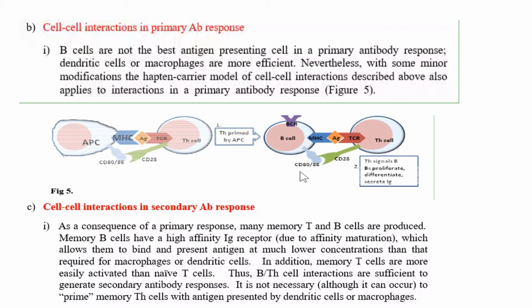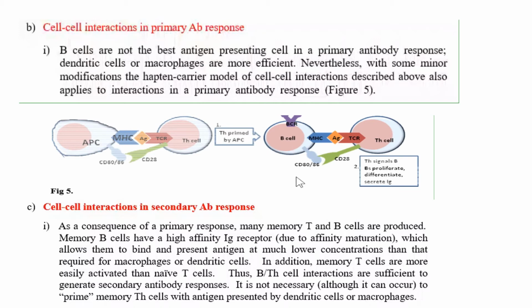One signal is derived from the binding of antigen to the surface immunoglobulin, and the second signal is by binding of CD40 ligand during the T helper 2 to B cell interaction.